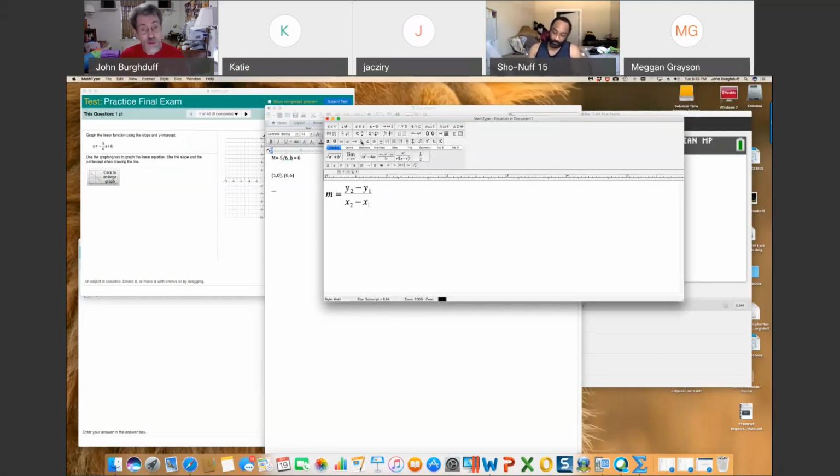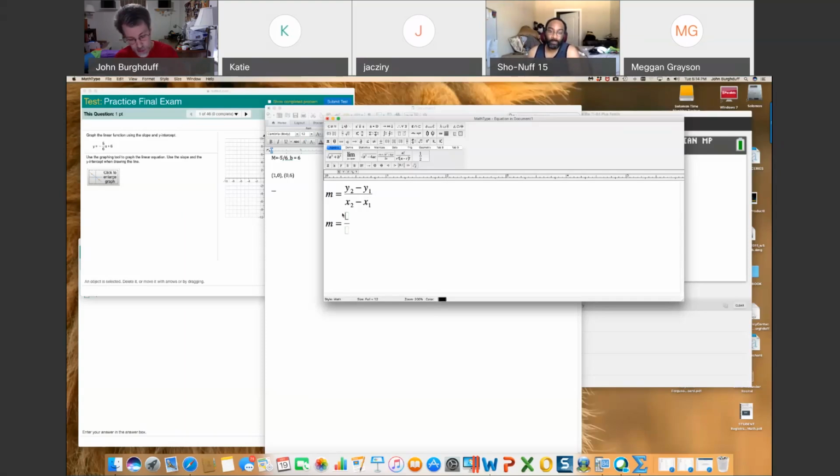Probably the most dangerous thing is just getting the numbers in the wrong places. The y2 will refer to the y value of whatever you call the second point. The y1 is the y value of whatever you call the first point. So when I build this fraction, the y2 would be the second value of y you gave me.